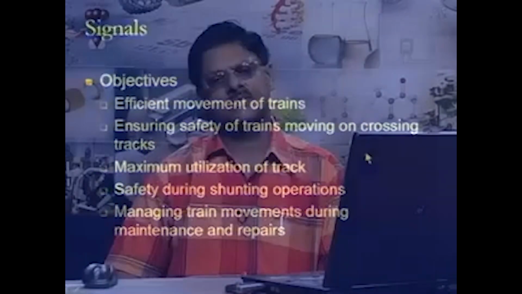That is another aspect related to safety: if there is any maintenance or repair work going on at any section of the railway track, then signals should help us in managing the train movements or the movements of the rolling stock.